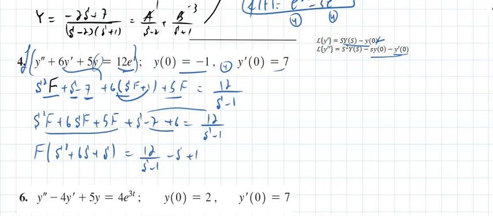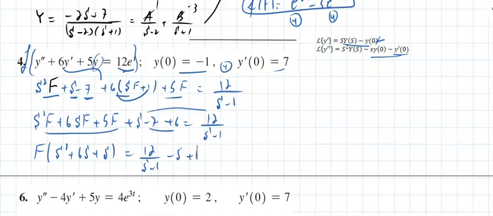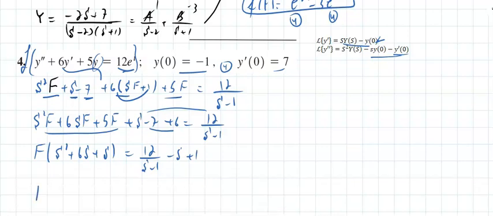So altogether, let me give that a bit of space. F is going to equal, and let's see what this is. If you really work this out, over s minus 1, that's 12. And you're going to multiply this by s, so that's negative s squared plus 1 plus 2s minus 1.